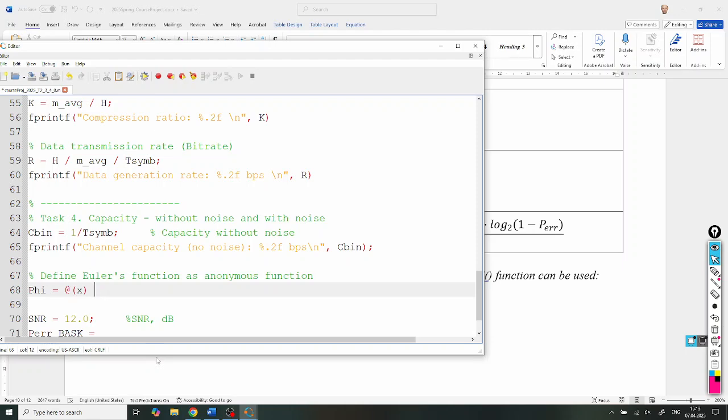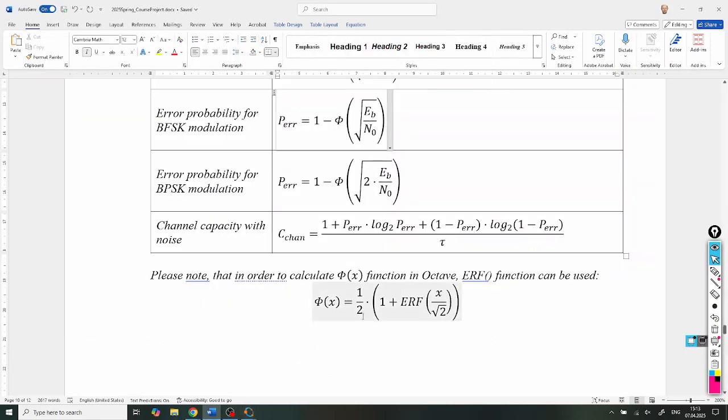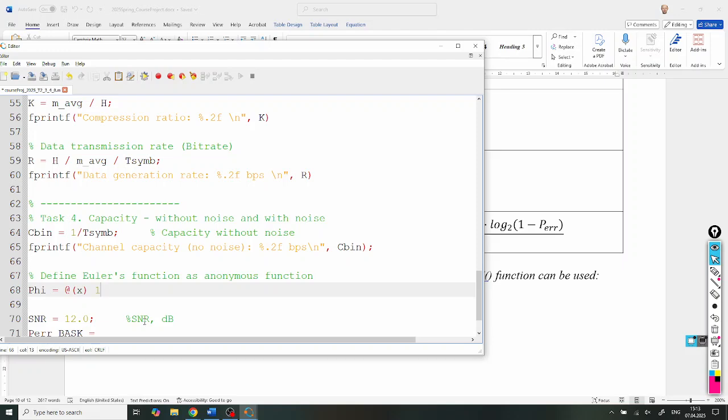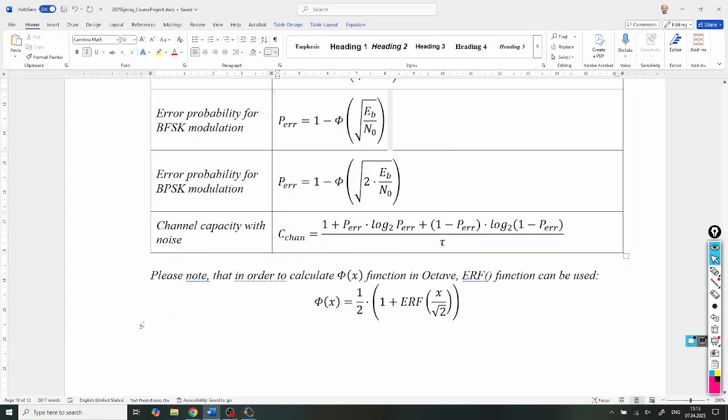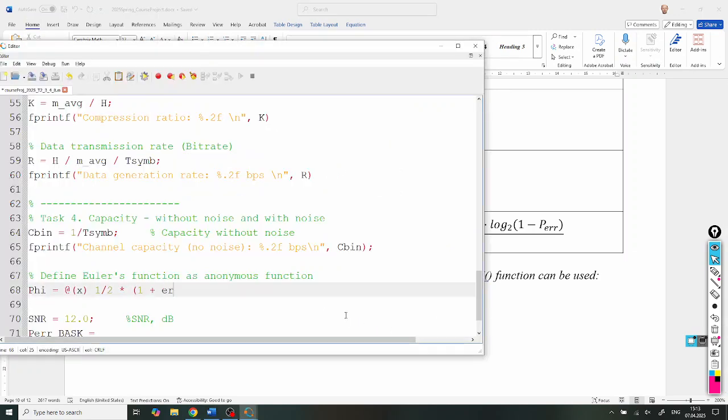And then the text of this function: 1 over 2 multiplied by 1 plus the error function, erf, of x divided by square root of 2.